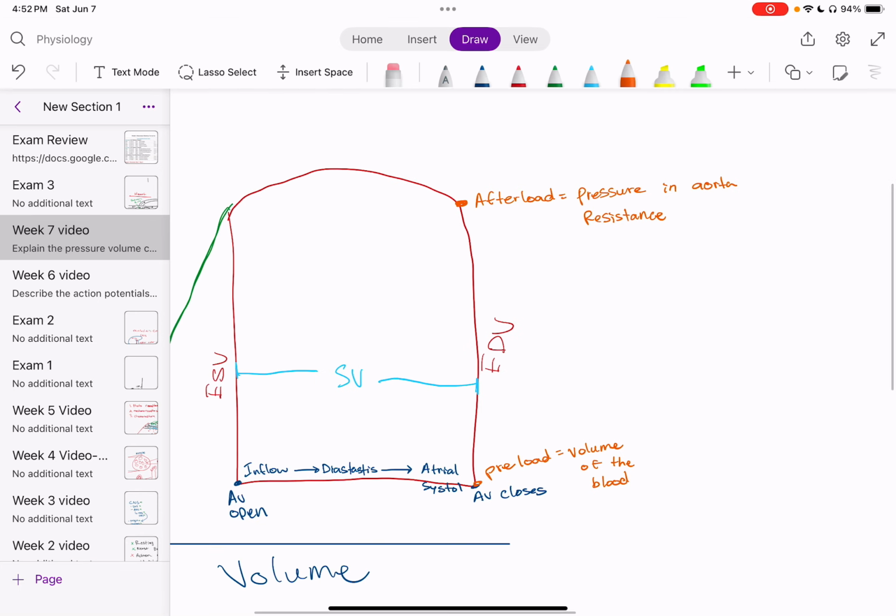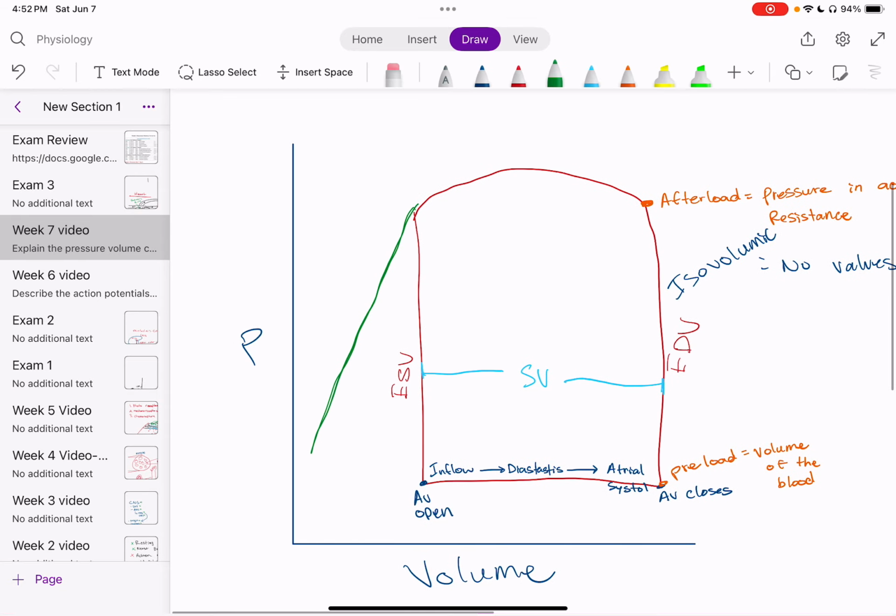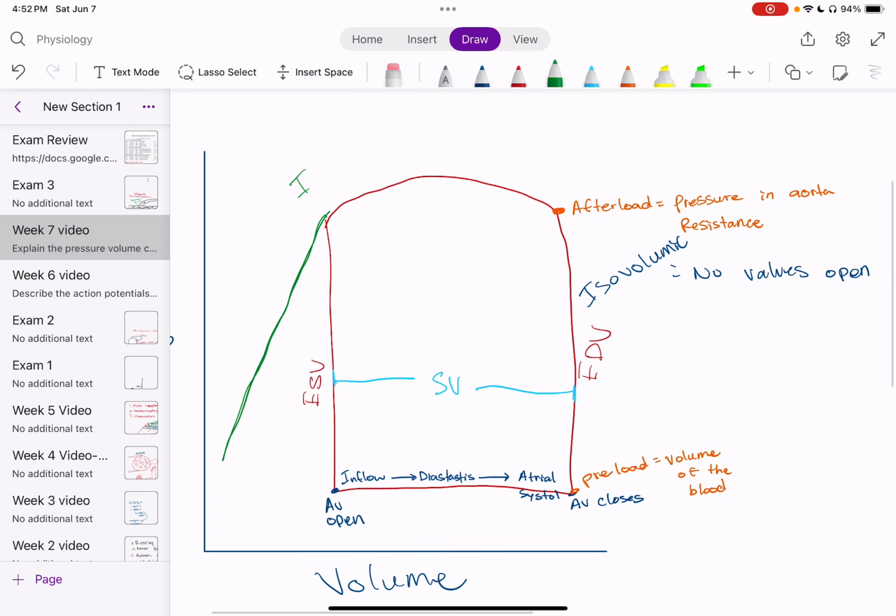This period in the middle where there is no change, AV closed, this is the isovolumic. That means no valves are open. Okay, so this green line I drew over here, this is referred to as inotropy. And what that is, it's how hard the heart is working.